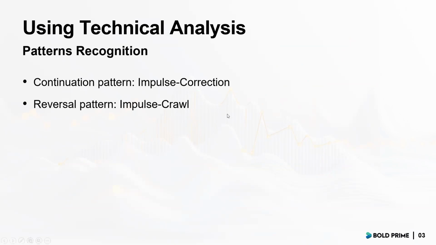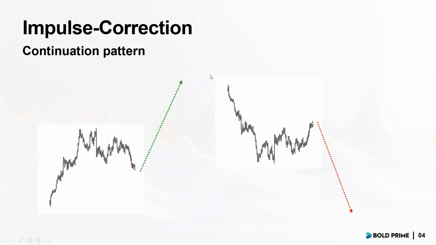So I'll give you some examples. This is the illustration where we have an impulsive move to the upside, a corrective pullback. We expect the market to move higher. The opposite is we have an impulsive move to the downside, the market moves up correctively, retraces correctively, and we expect it to continue to move lower. So these are continuation patterns.